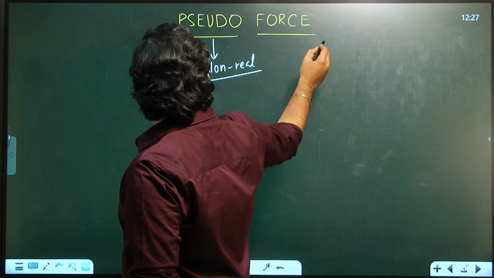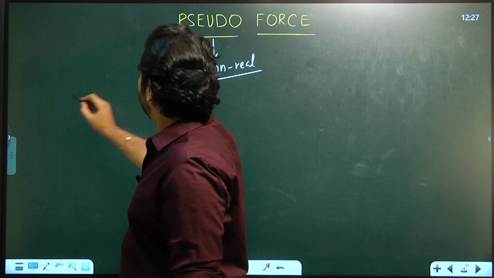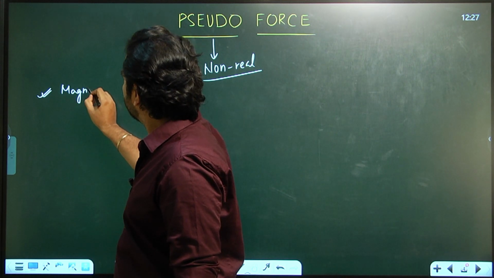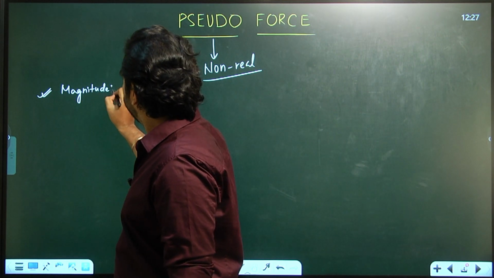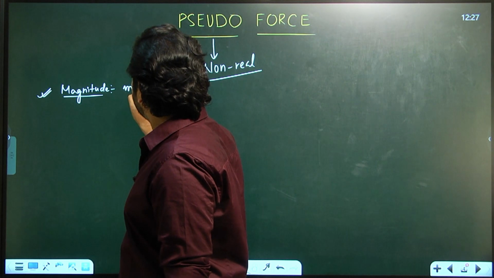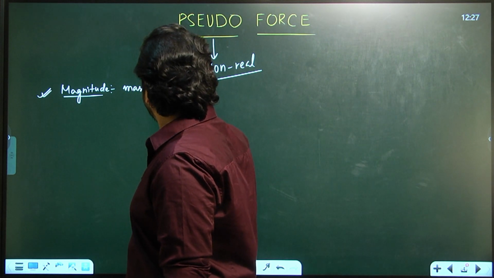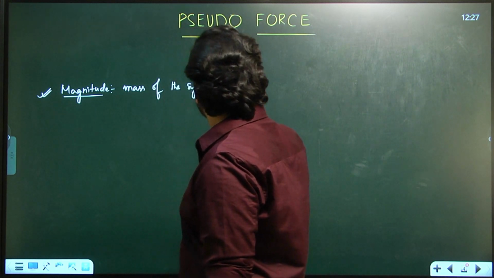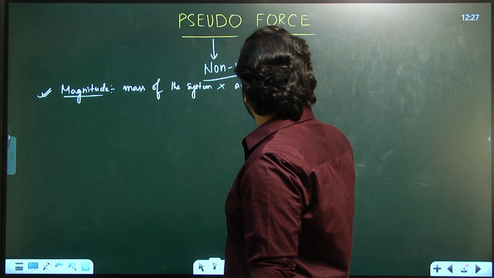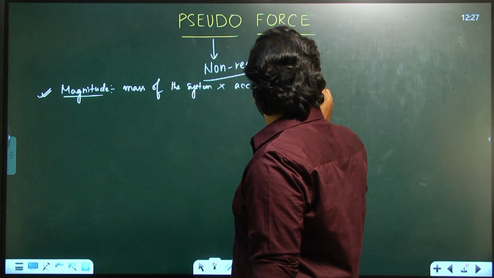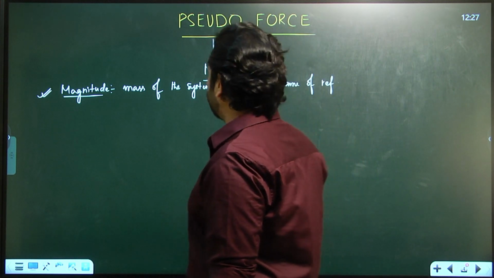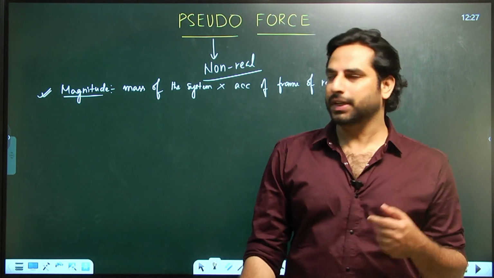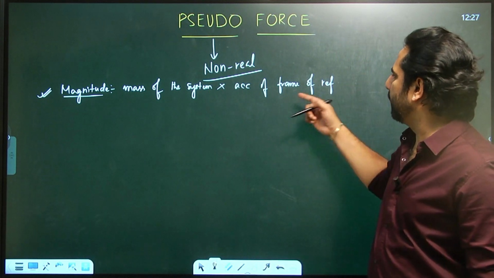The direction and magnitude of pseudo force is defined like this. The magnitude of pseudo force is mass of the system into the acceleration of the frame of reference. Because you are applying pseudo force only from a non-inertial frame of reference, there is some acceleration of the frame of reference.